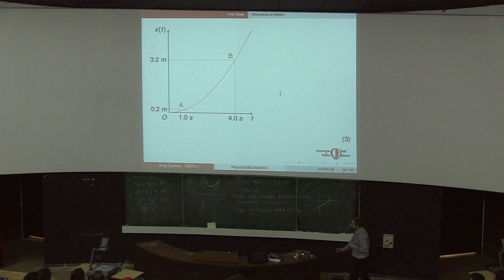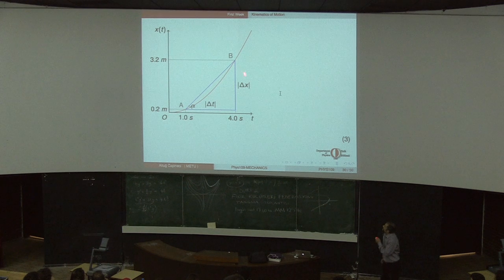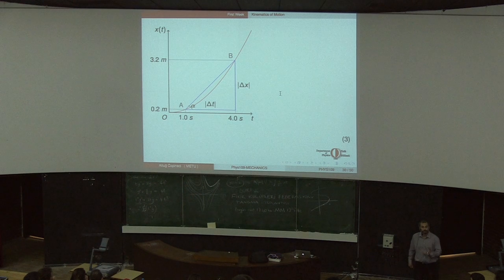So if I want to calculate the average velocity, delta x will be the displacement in x. It moves from here to here. So this is my delta x. The reason why I put the absolute value here is, remember, delta x has a sign. It can be both positive and negative. The length of the side of this right triangle is always positive.